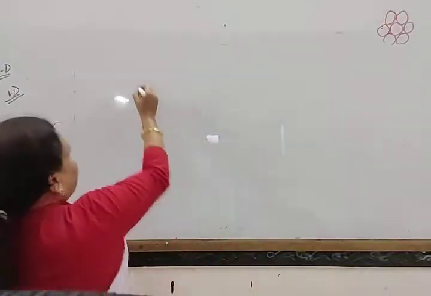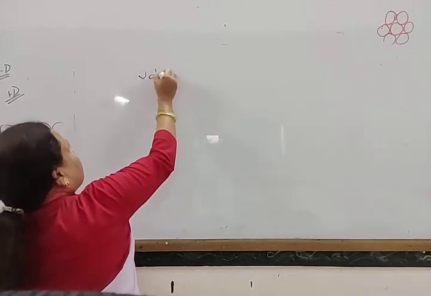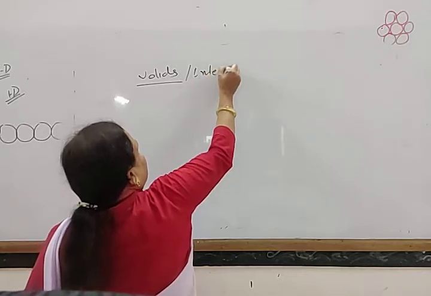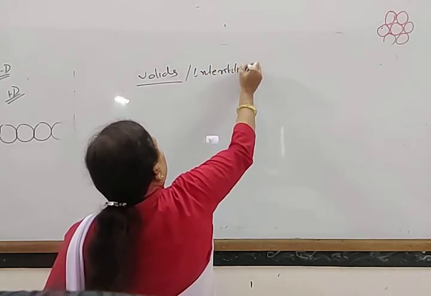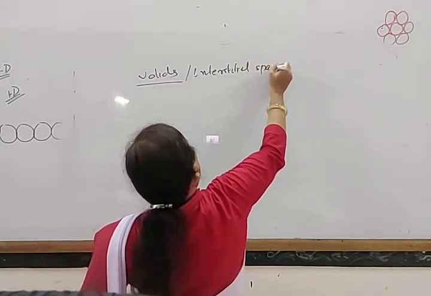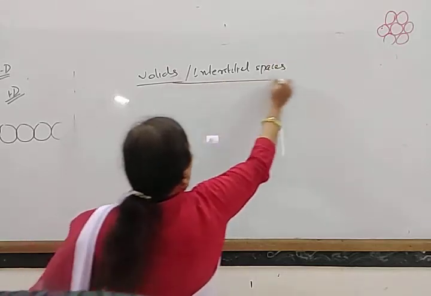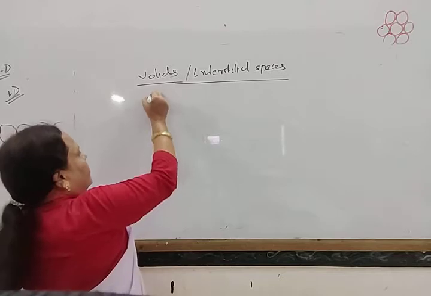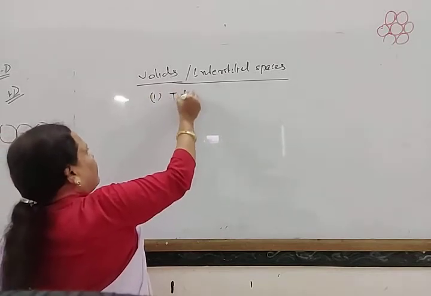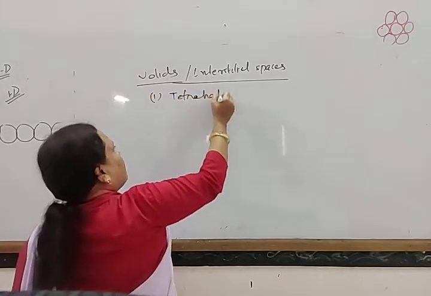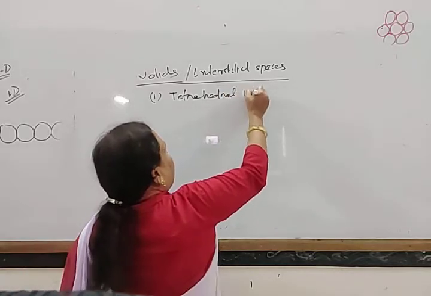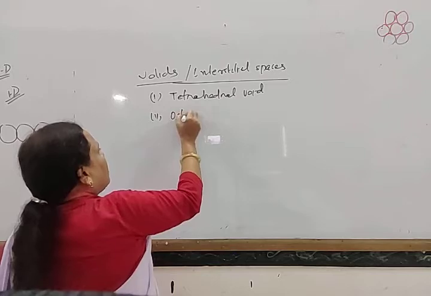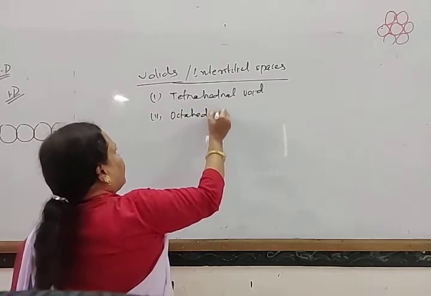So next, come to voids or interstitial spaces. There are two types of interstitial spaces. One is tetrahedral void, and another is octahedral void.